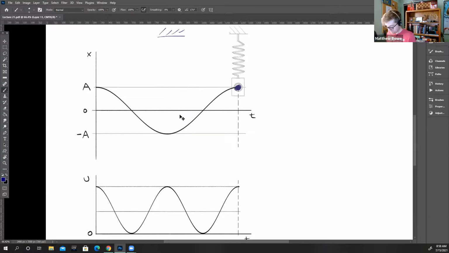So we have another case where it's changing direction, and for a brief second, it is not moving. So all of its energy is elastic potential energy. That's why we see a peak down here, right here in the middle, and we also see a peak right here and right here.